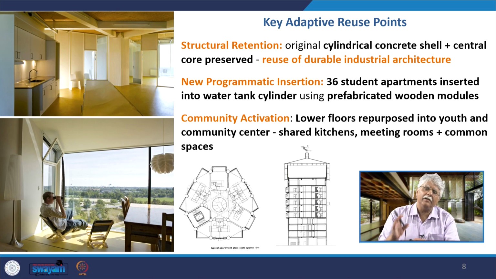In this case, a new program was inserted: 36 student apartments were inserted into the water tower, put together using prefabricated wooden modules. This is also community activation because the lower floors were repurposed into a youth and community center, having a shared kitchen, meeting rooms and common spaces.